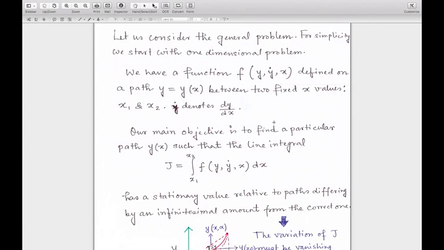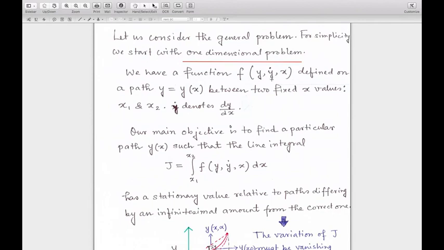Now, what is the real meaning of this sentence which is skipped over here? That for simplicity we start with a one-dimensional problem. To understand this, we have to go to the physical example of this type of problem, where we can think x is equivalent to time t, y is the positional coordinate and y dot is the corresponding velocity coordinate.